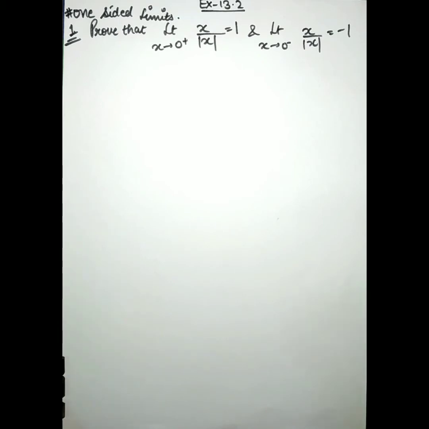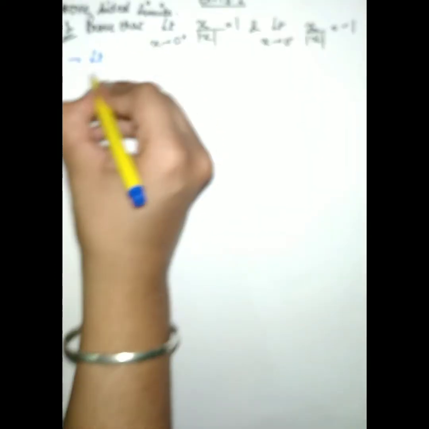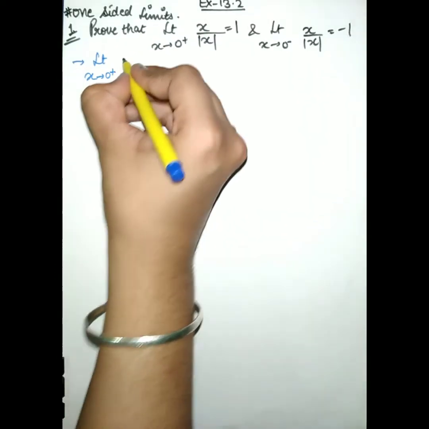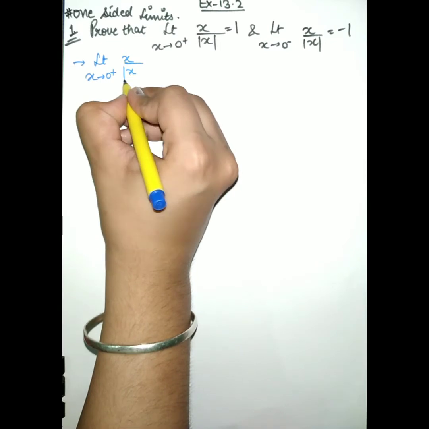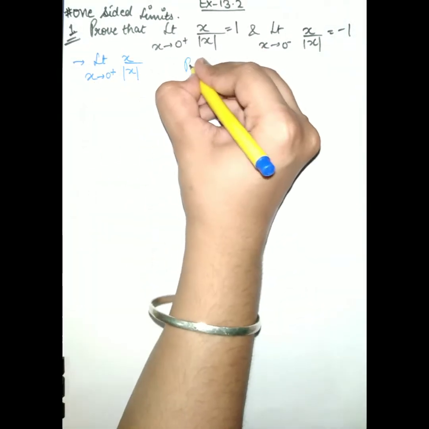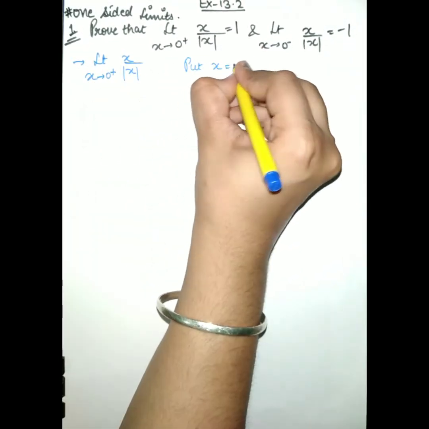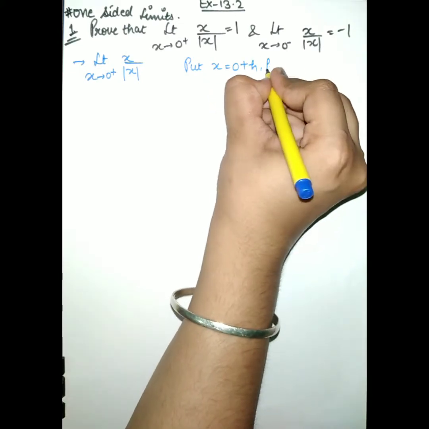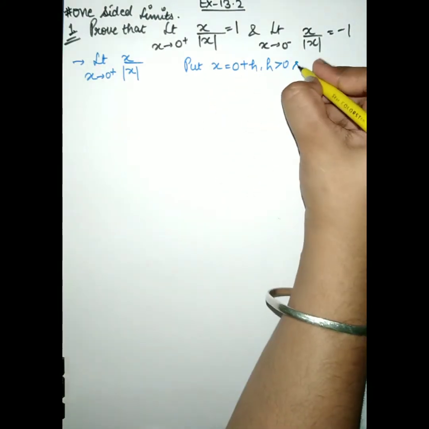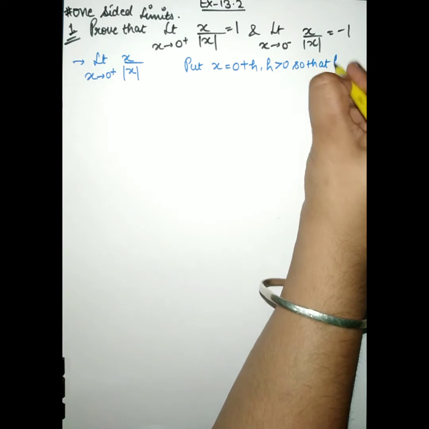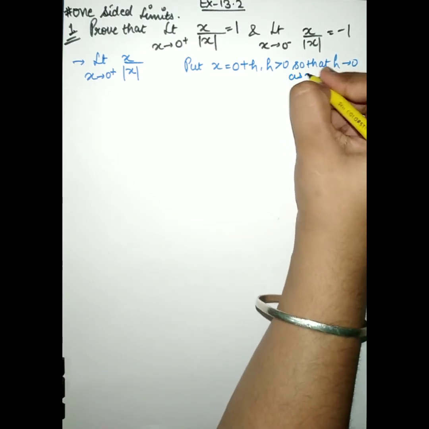Now, limit x approaches 0 positive of x upon mod x, we will firstly solve for this. Put x equals 0 plus h, where h is greater than 0, so that h approaches 0 as x approaches 0 positive.